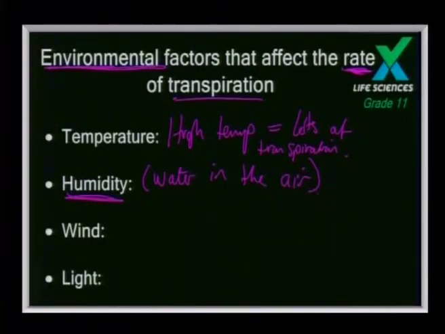And if there's lots of water, that leaf is not going to transpire as much. Why? Because the water potential or the water concentration in the leaf is higher than the water concentration outside, or it's about the same, depending on how much humidity there is. So the water battles to come out of the leaf, so it stays moist in the leaf.